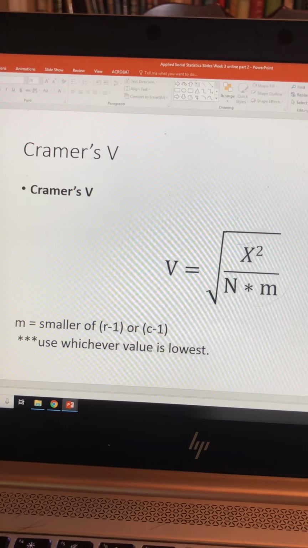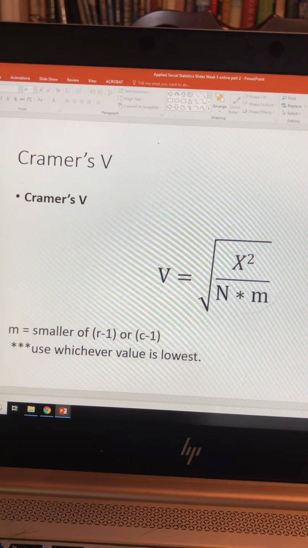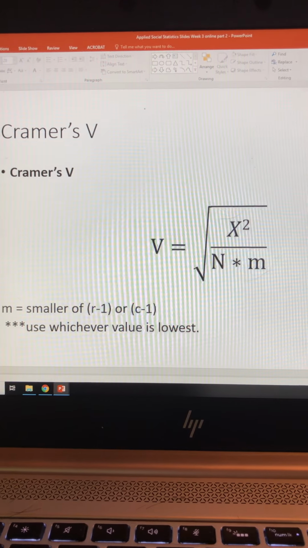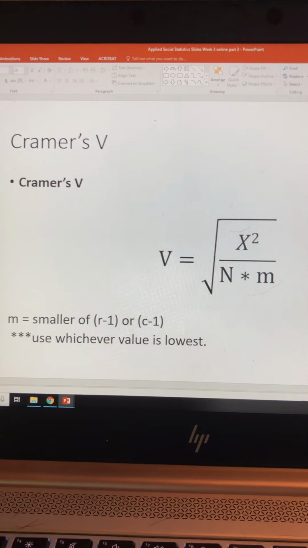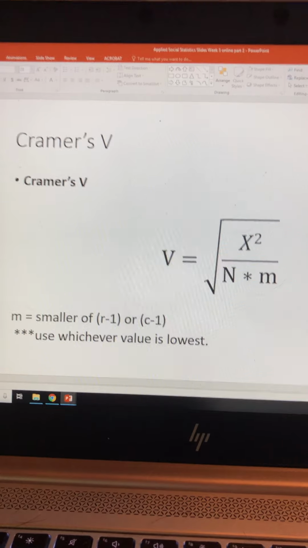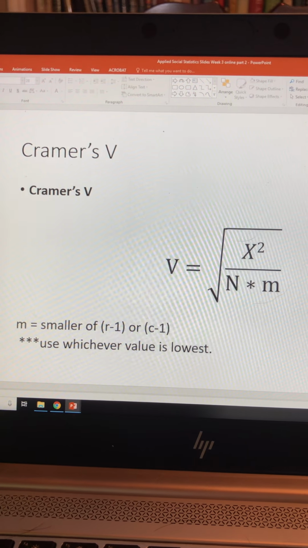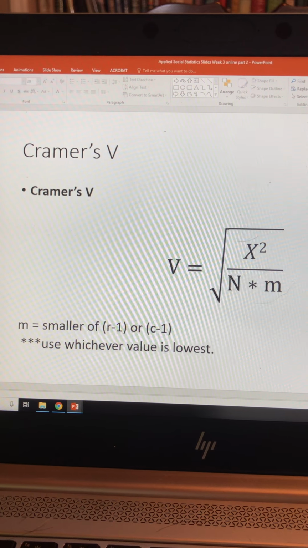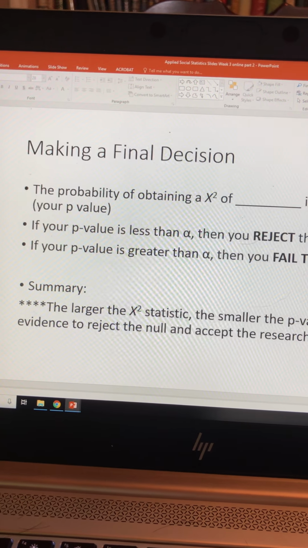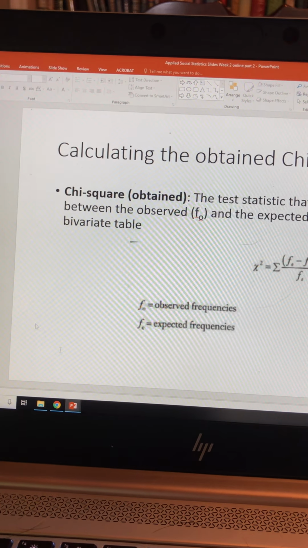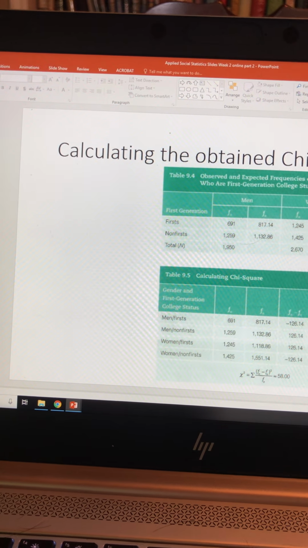So let's just say you'll assess whether there's a relationship or not with the chi-squared. Once you calculate that, if you find there's a relationship, go ahead and assess the strength using the Cramer's V. The direction will be outlined more in the table.